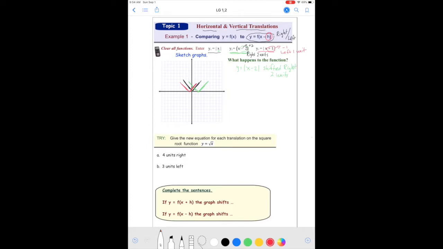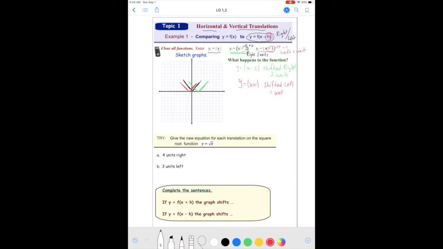And the red one, the y equals x plus 1, it shifted or translated, you can use any word, translated left 1 unit.